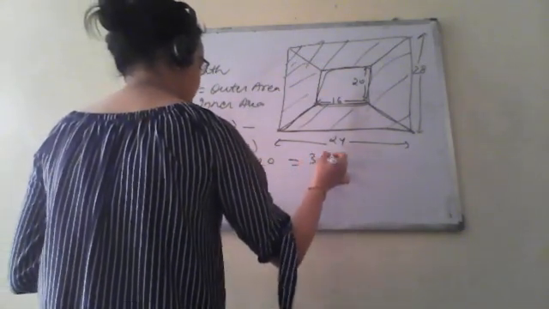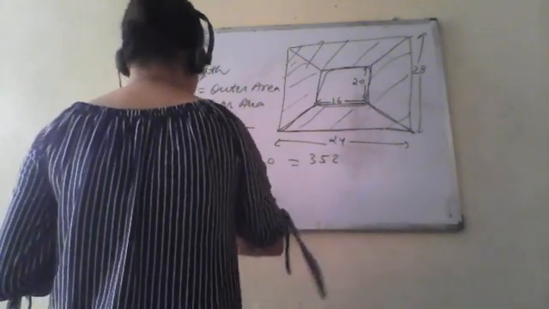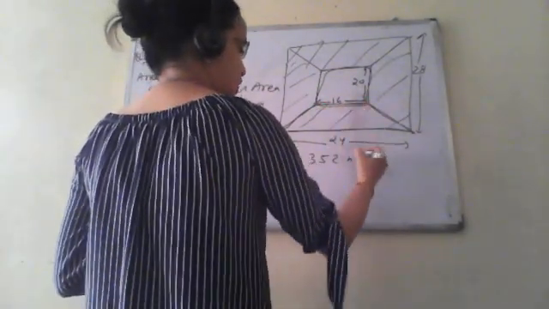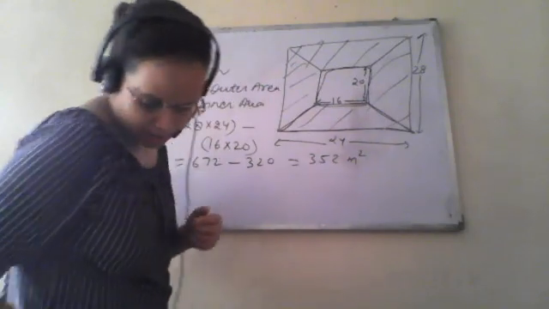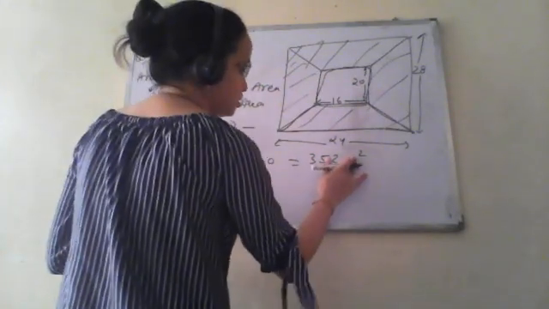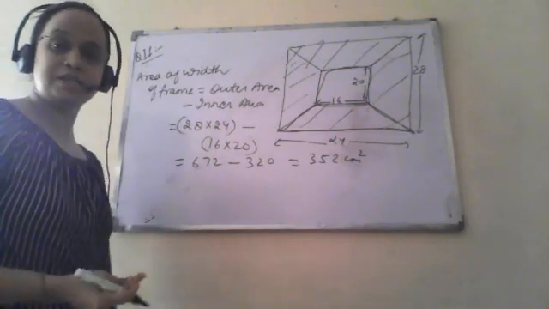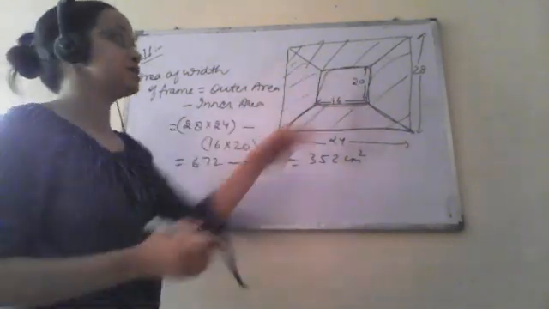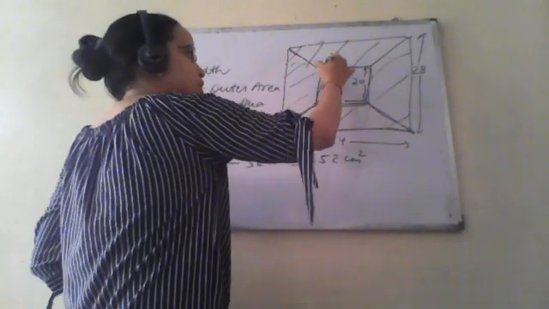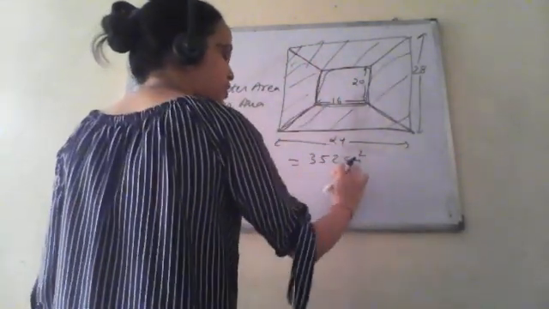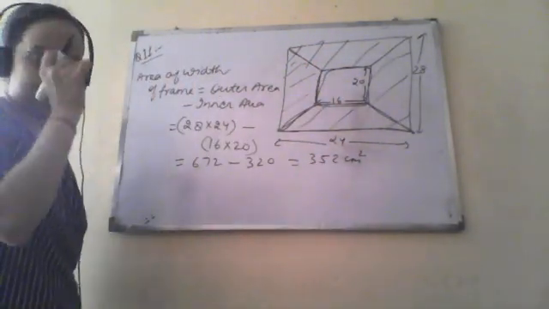This is 352. The area of this shaded portion, meter square or centimeter square? Centimeter square. So this is the total area. So the area of each section, because this particular area consists of four sections, we will divide this total area by 4.